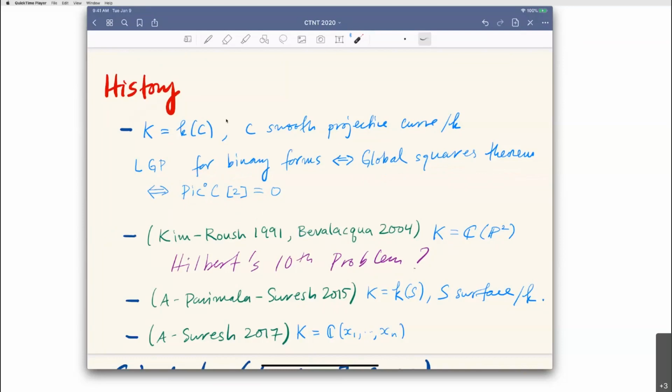And hence, if we're assuming that the local-global principle always holds, then that's equivalent to this Pic^0 2-torsion being trivial. And of course, this only holds if C is P^1. Otherwise, over an algebraically closed field, we certainly know that any higher genus curve has at least some non-trivial 2-torsion in its Picard group.